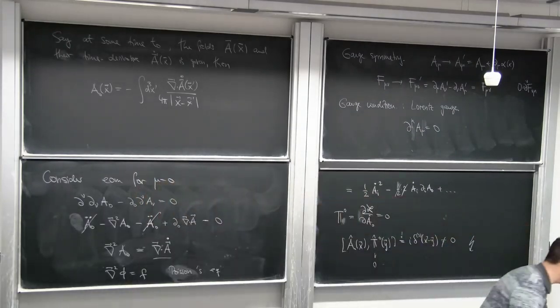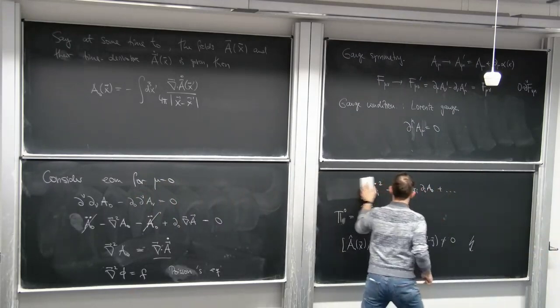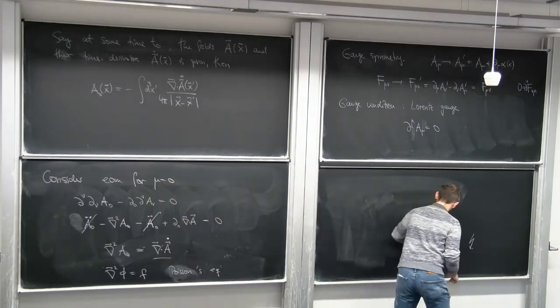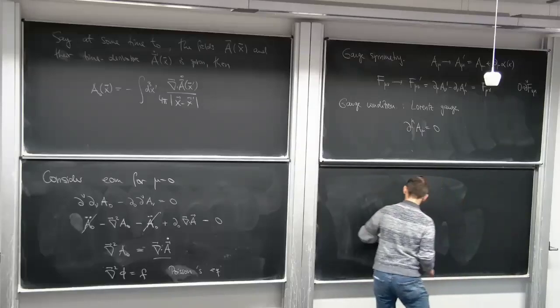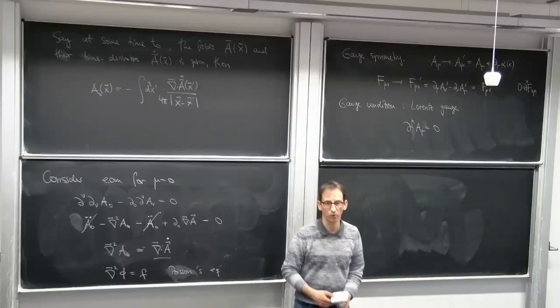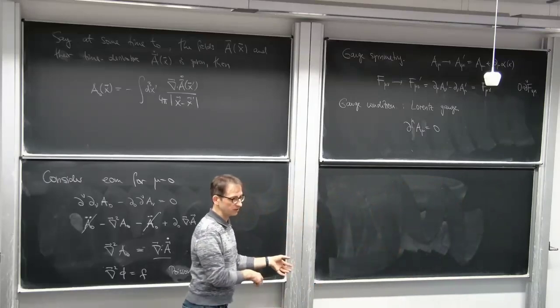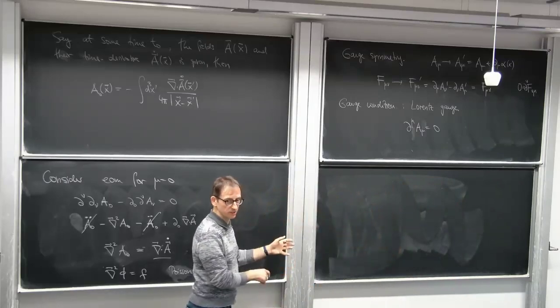Once you impose it, it's 0. So I'm first modifying the theory, which is then not Maxwell's theory anymore. It's all different, but when you impose the constraint, then it should be the same.